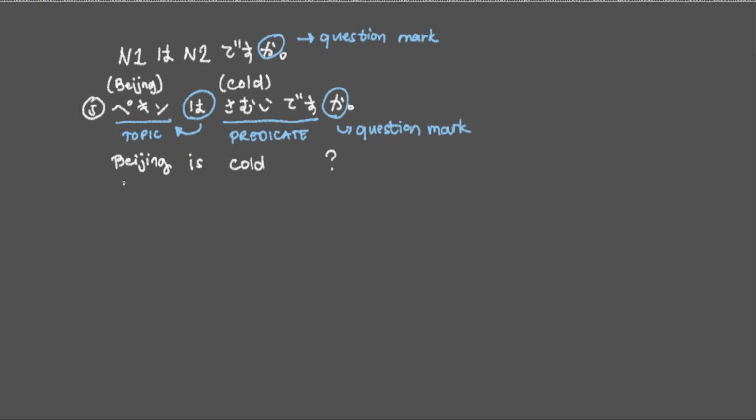Of course, we make this grammatically correct. We say, is it cold in Beijing? This is just purely out of context.